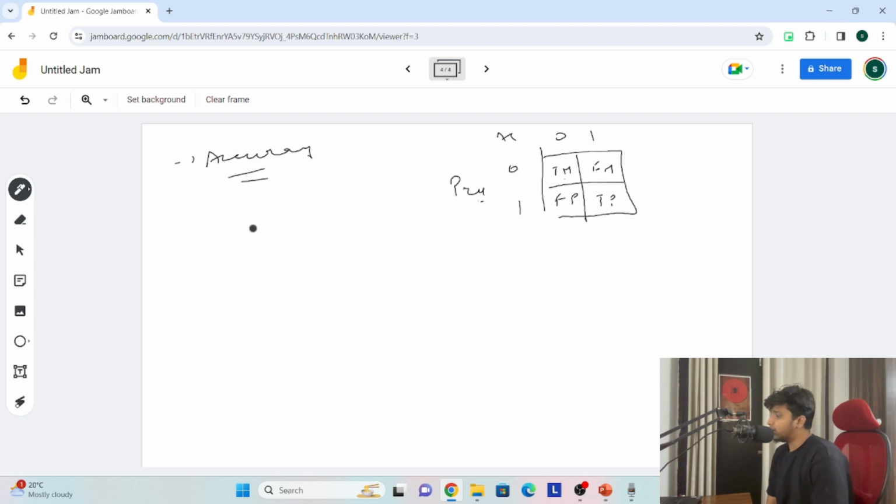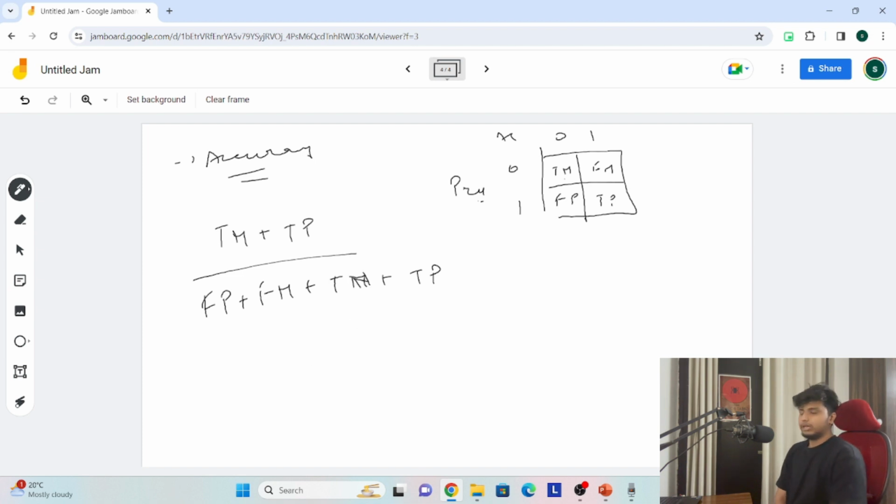So your accuracy will be true negative plus true positive upon false positive plus false negative plus true negative plus true positive. This is n. It's how many you were able to classify correctly, whether it was 0 or 1, divided by all the numbers. That is your accuracy.